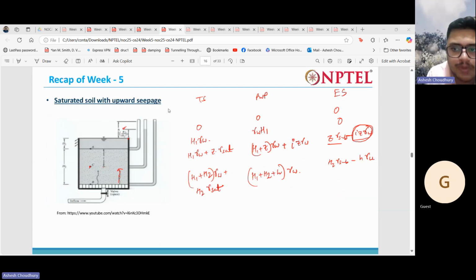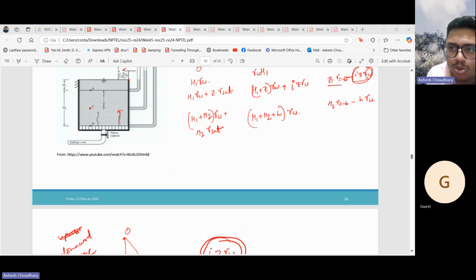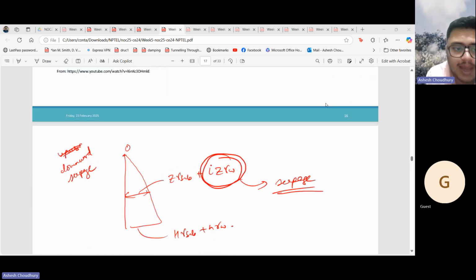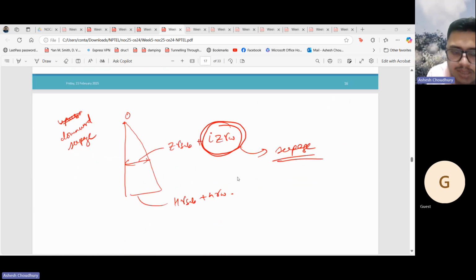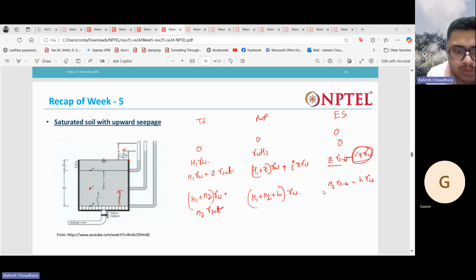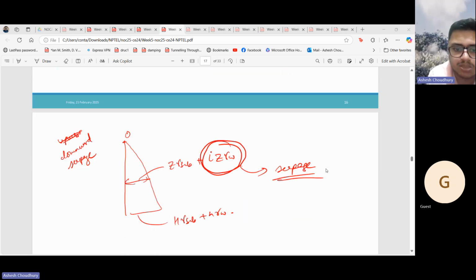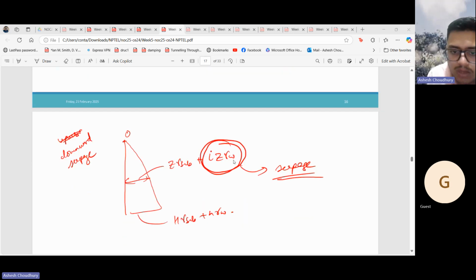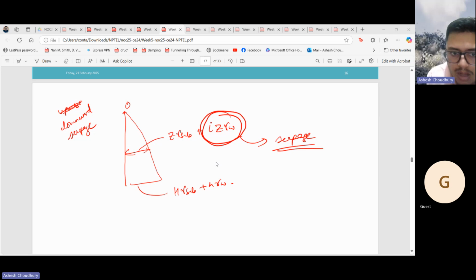Okay, so in upward seepage, what happens? The effective stress reduces by i z gamma w, and in downward seepage, the effective stress increases by i z gamma w. This concept is also very important. If there is upward flow, the effective stress reduces. If there is downward flow of water, the effective stress increases.